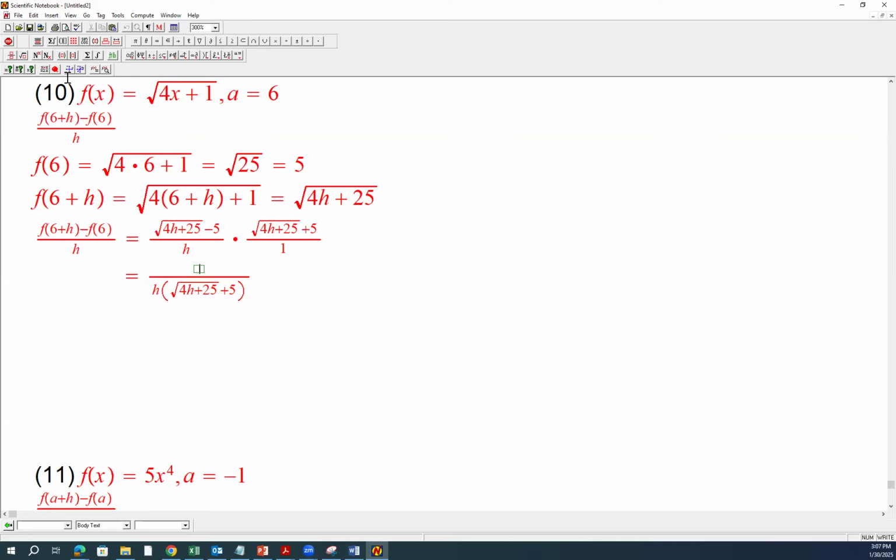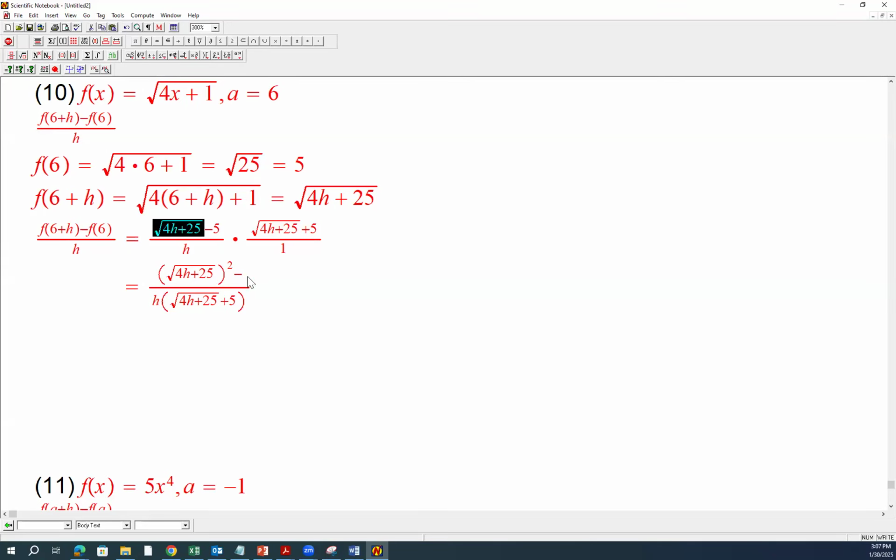So that we're going to get a squared minus, wait, I'm sorry. This is 4h plus 25. Okay, this is the a squared minus b squared.